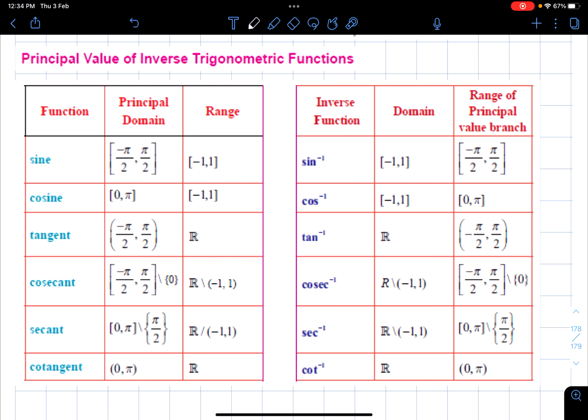If you remember this, it will be easy for you to do all types of problems, whether it is sine, cosine, tan, cosecant, secant or cot, or sine inverse, cos inverse, tan inverse, cosecant inverse, secant inverse.